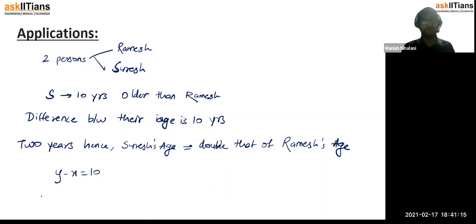Suresh's age would be y plus 2, and Ramesh's age would be x plus 2. So Suresh's age would be 2 times Ramesh's age, that is 2 times x plus 2. When you solve these two equations, you would get the ages of Ramesh and Suresh.